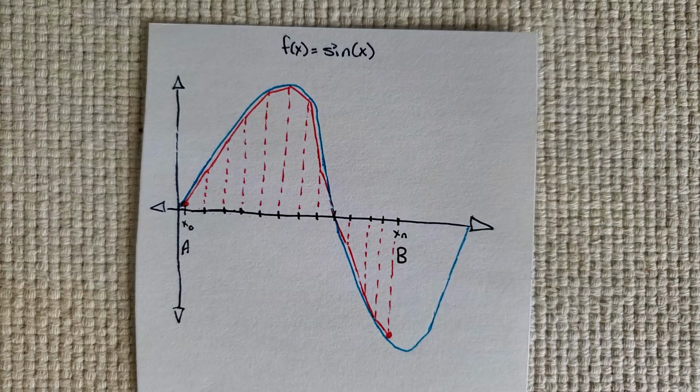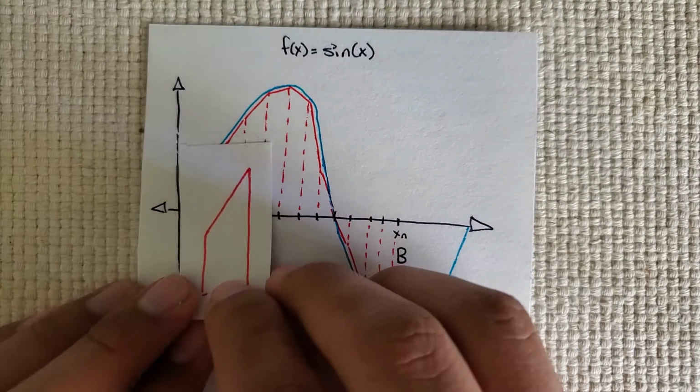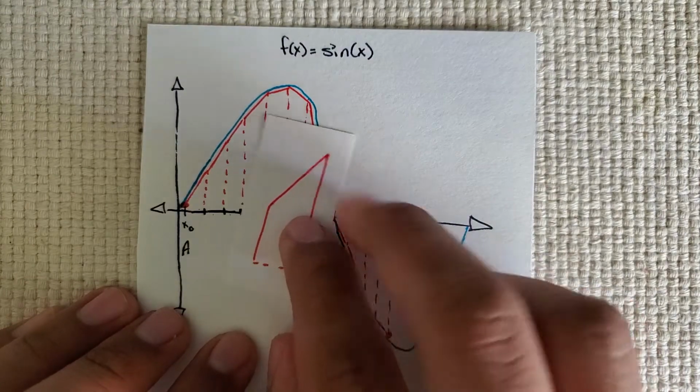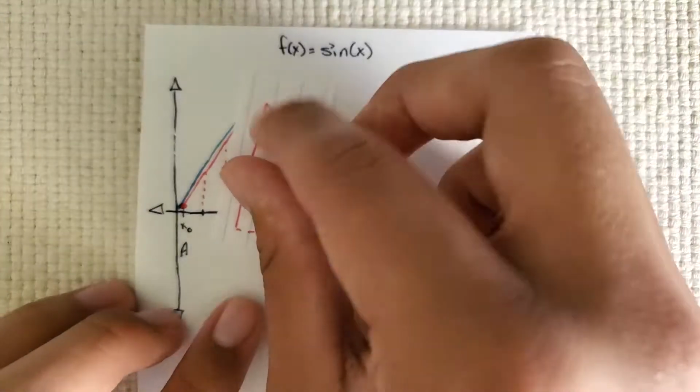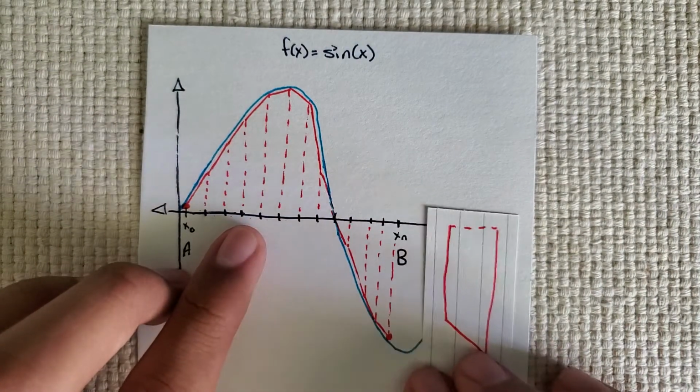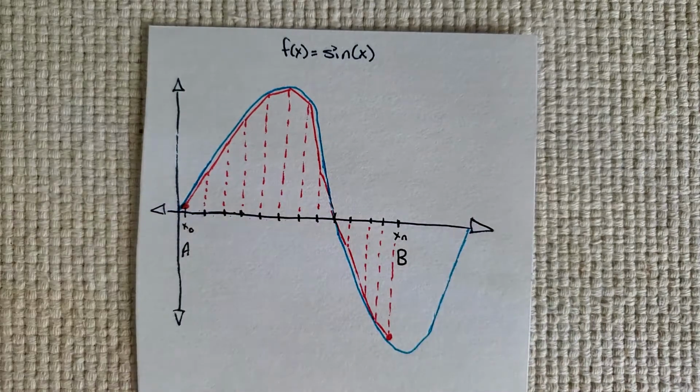And this simply works by grabbing trapezoids along the graph and using them in order to approximate the integral, or more or less the area under the curve, which is an integral.